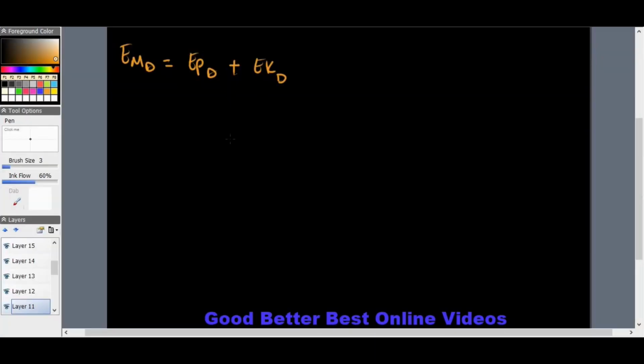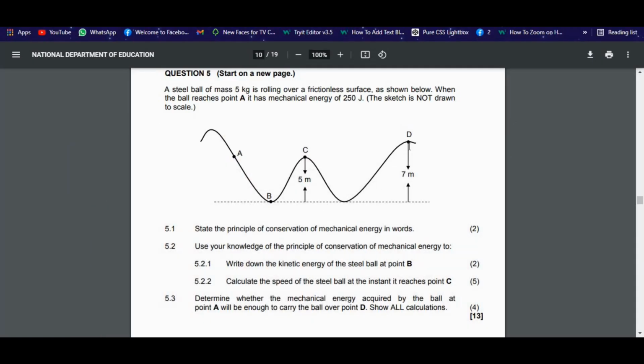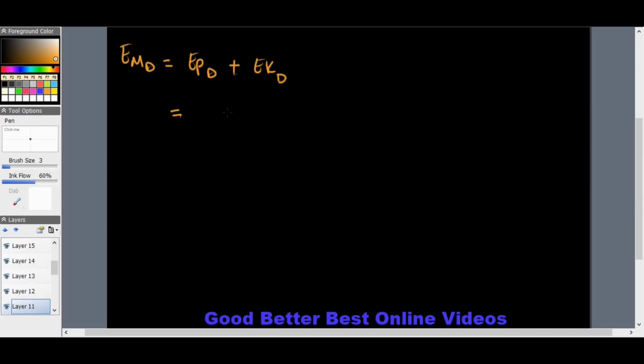So we find out what is the mechanical energy. Firstly, we can see that it looks like it comes to a stop at point D, so that's where it ends. So we assume that kinetic energy is equal to 0, and we only end up with mgh. So the mass there is 5 times 9.8 times the height, which is 7.